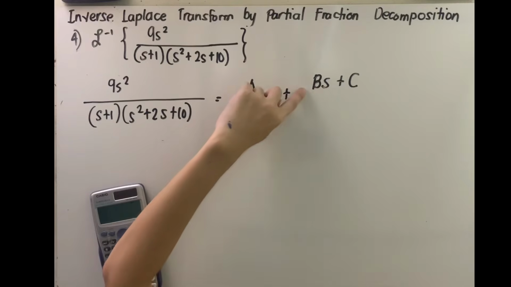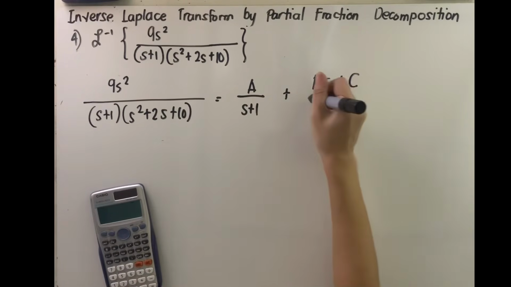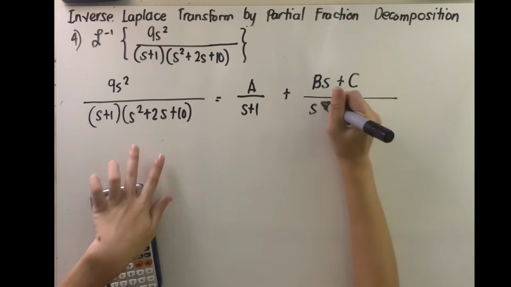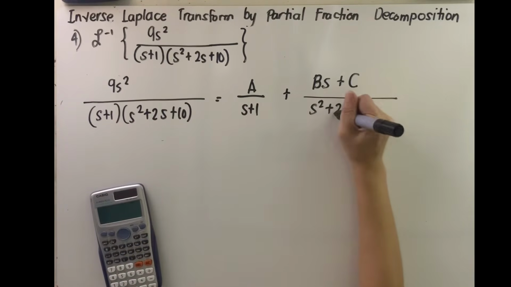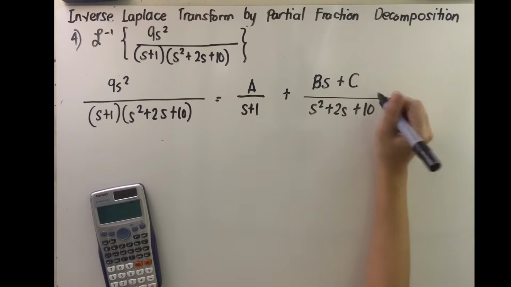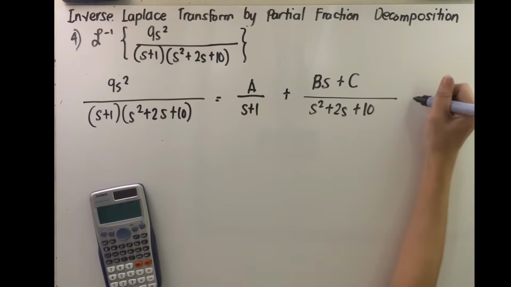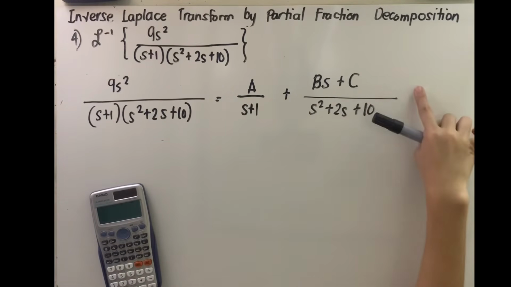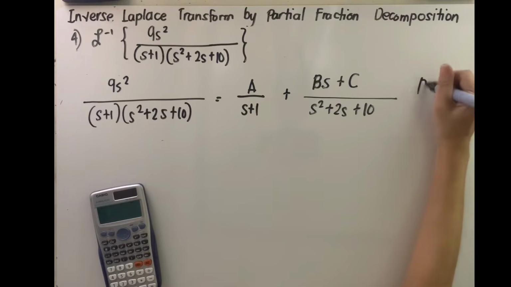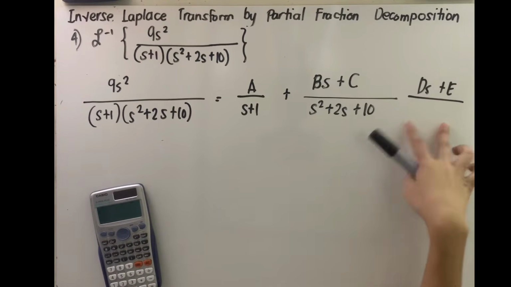So, you have bs plus c all over the quadratic denominator s squared plus 2s plus 10. If you have another quadratic factor, after c there would be a plus, ds plus e.